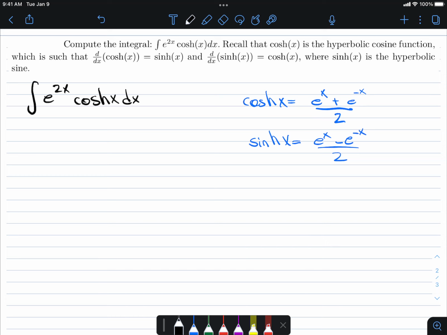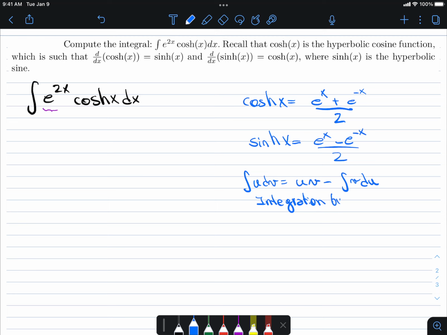Let's go. Let's start with integrating by parts. Remember, integration by parts: the integral of u dv is uv minus the integral of v du. So that's integration by parts, and we're going to use this.